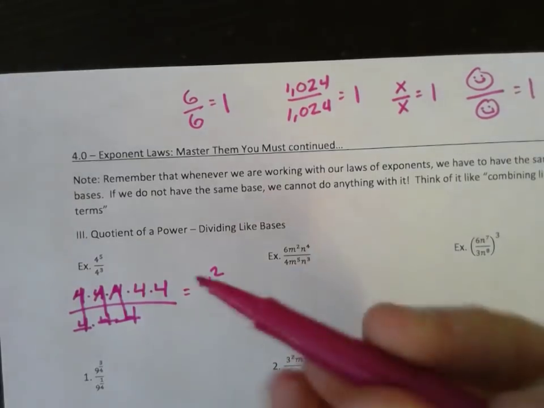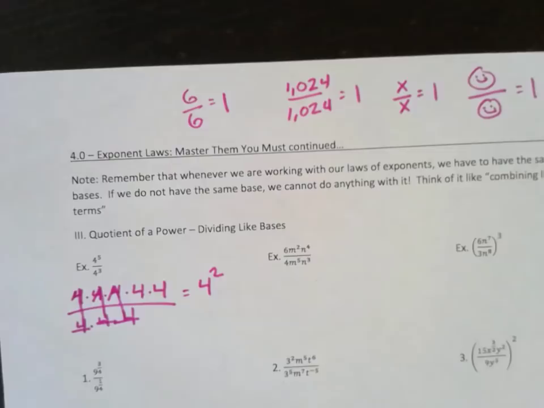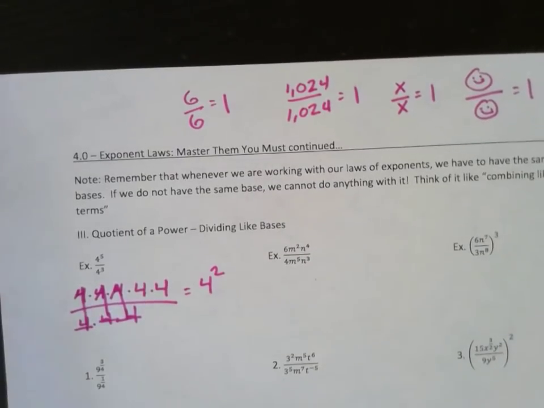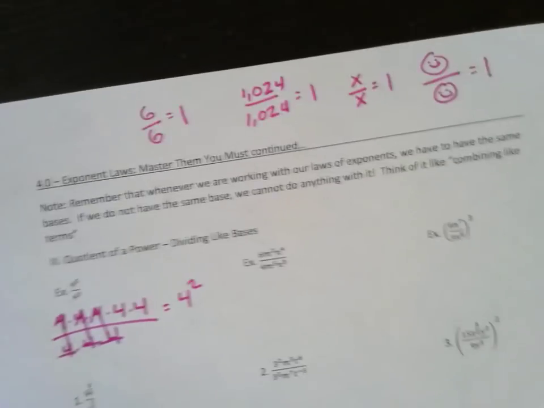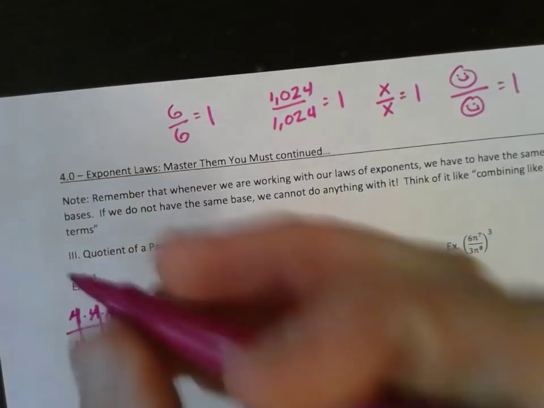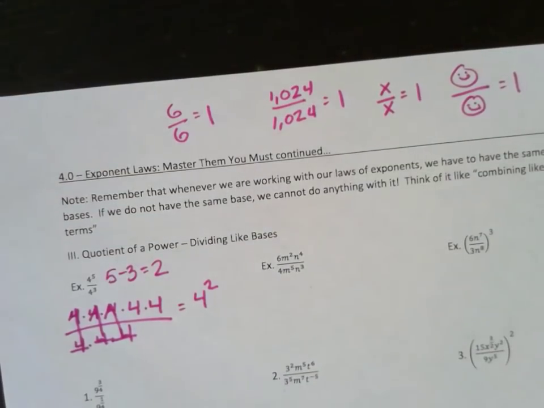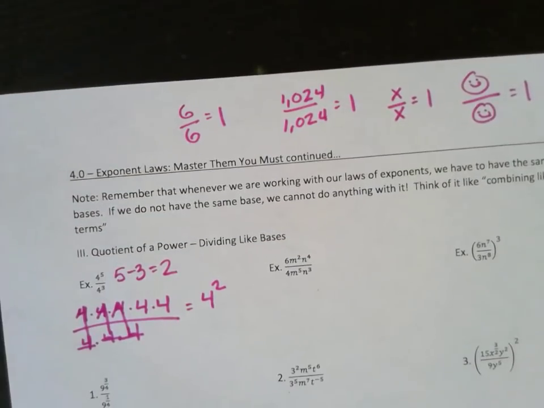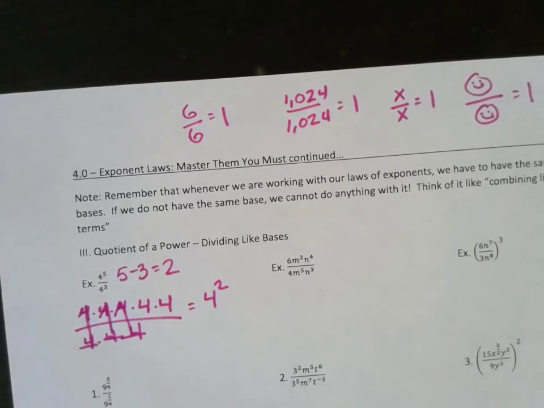As you can see, you probably know what the rule is already. If I somehow got 4 squared, and if you understand that dividing is the inverse of multiplication, you probably already understand that the quotient rule is just you subtract your exponents. That's why I don't like the quotient rule, because subtraction, especially when you start throwing in negative integers, is going to be incredibly error prone.